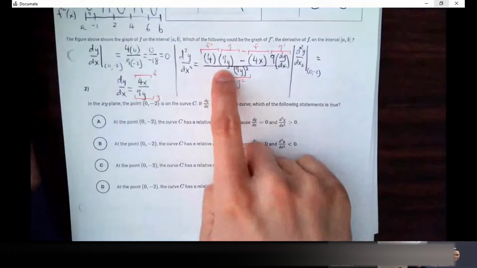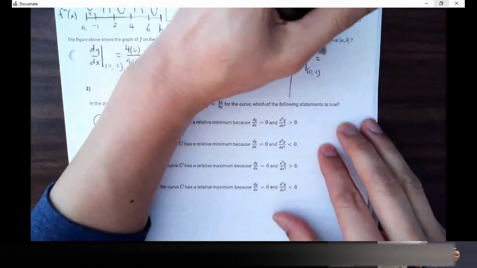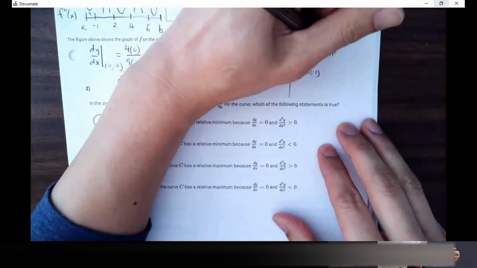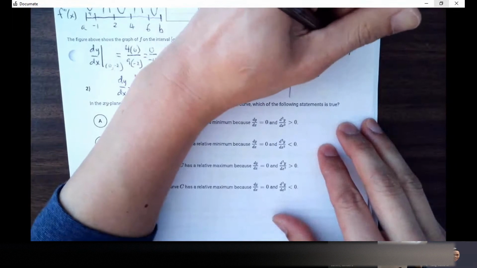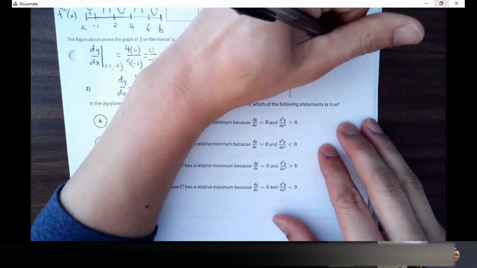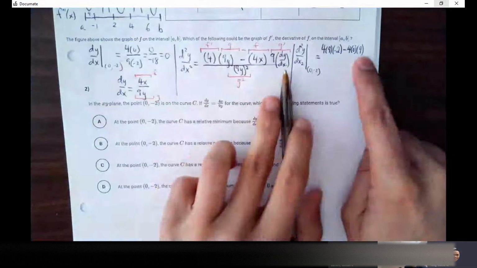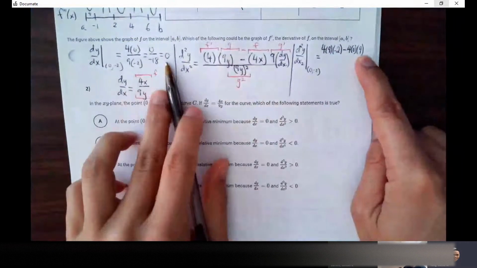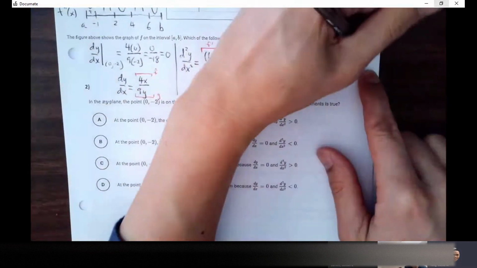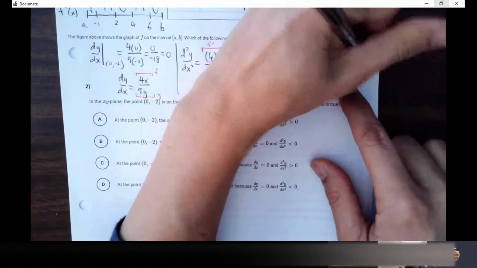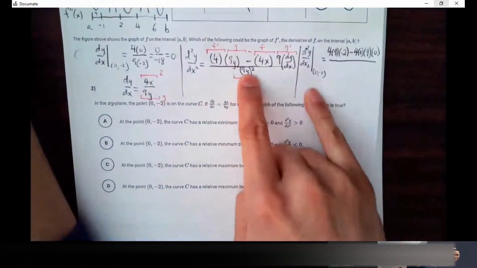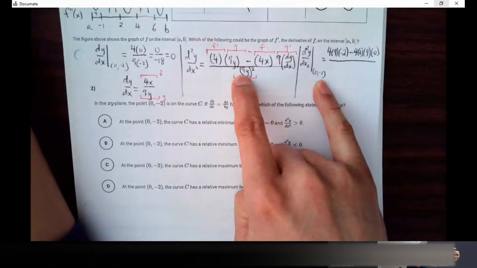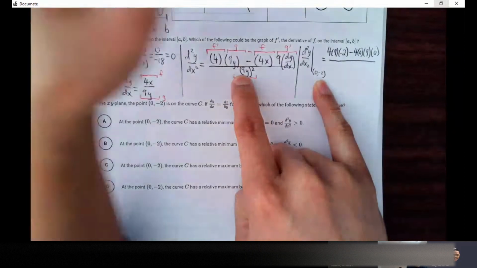Okay, so 4 times 9 times y, which is -2, minus 4 times 0 times 9 times dy/dx. And my dy/dx at that point is 0. We found that already. So it's going to wipe that second term out, all over my denominator squared. 9 times y. So 9 times -2, that's -18 squared.